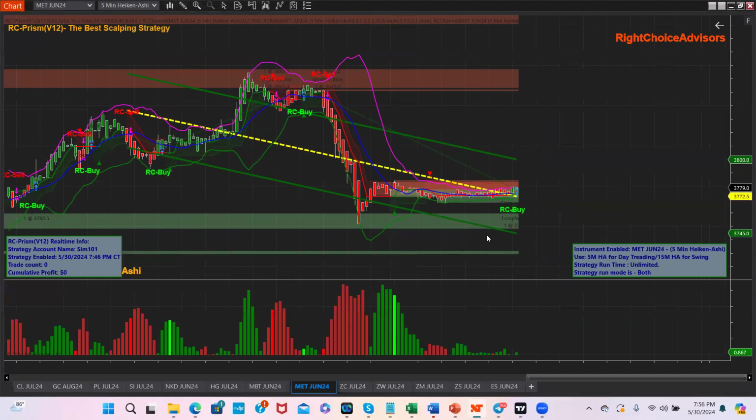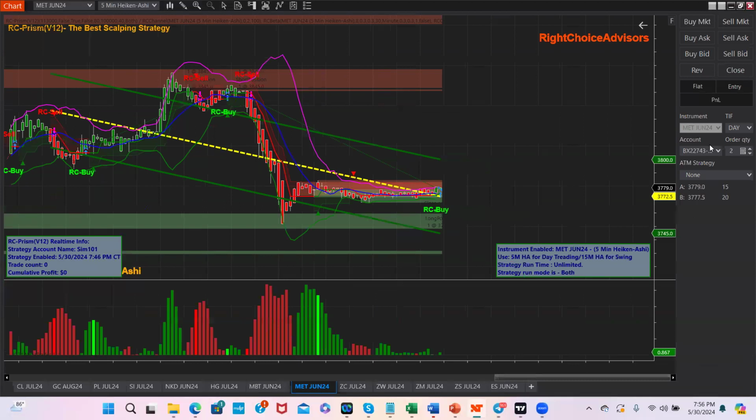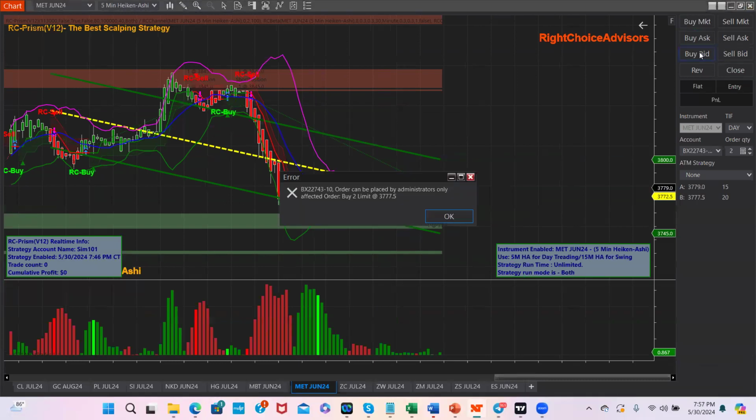But again, when you get a buy signal below the channel, that is the best opportunity. So here is the right time to actually, right? You got a green highlighter, you got a buy signal here, you got a buy zone here. Still, it is okay to take it, but not a great opportunity. But if you want to take it, you can go in. For example, you can say buy bid.